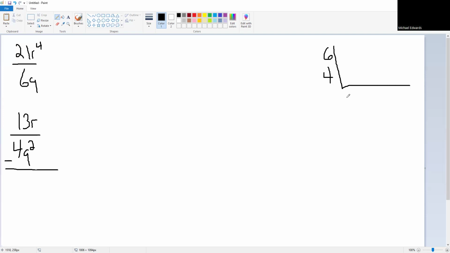We can make our little table. 6 and 4. 4 times 2 is 8, 4 times 3 is 12, 4 times 4 is 16, 4 times 5 is 20. 6 times 2 is 12. Oh, there we go. We found it.